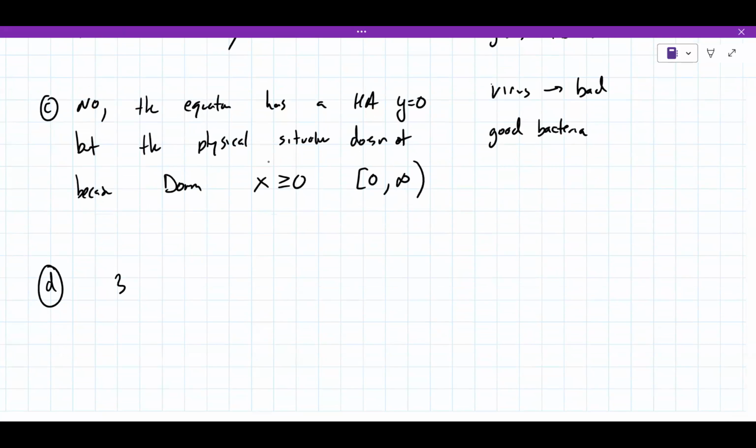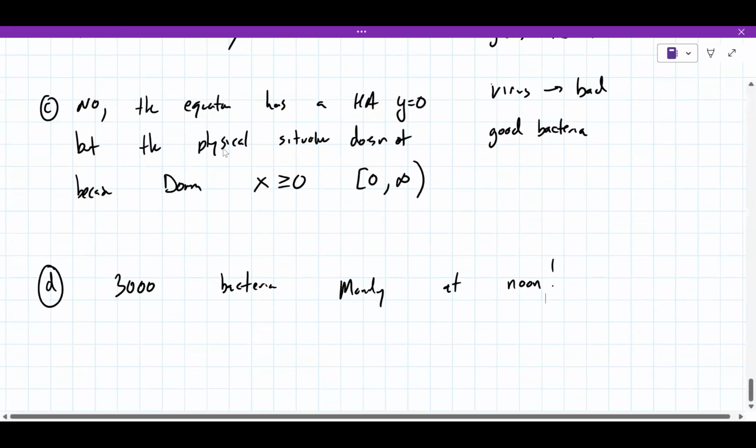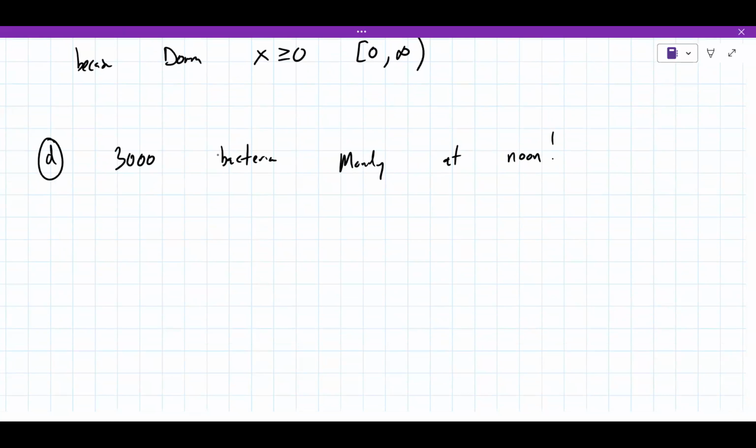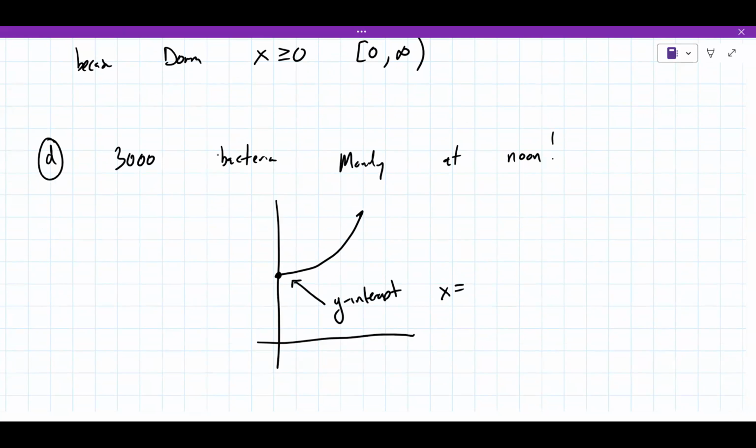So there were 3,000 bacteria Monday at noon. And then when it asks, how can you determine this from the graph? This is the y-intercept. It's when x equals 0.